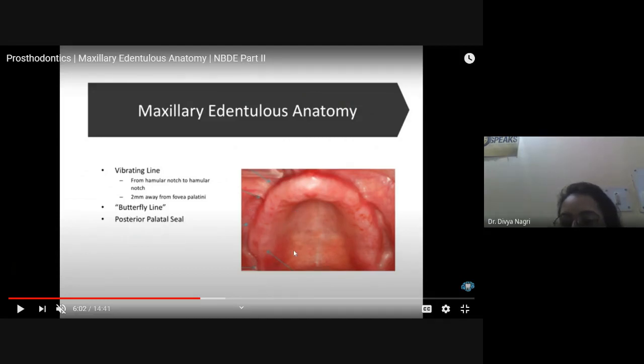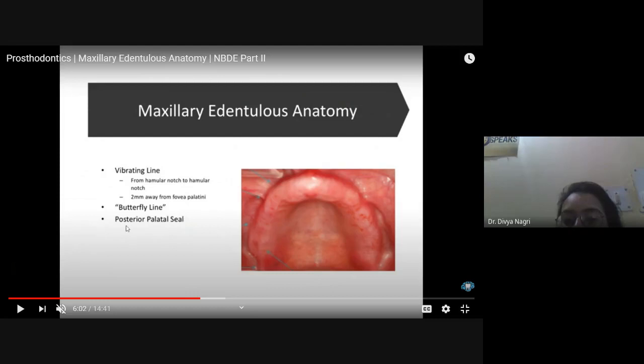It is going posteriorly. First of all, don't get confused. This is a structure which is present in the maxilla. Posteriorly means it is present at the back. It is not present anteriorly. And palate, this complete part is palate. So this structure is forming a seal posteriorly. It is known as the posterior palatal seal.